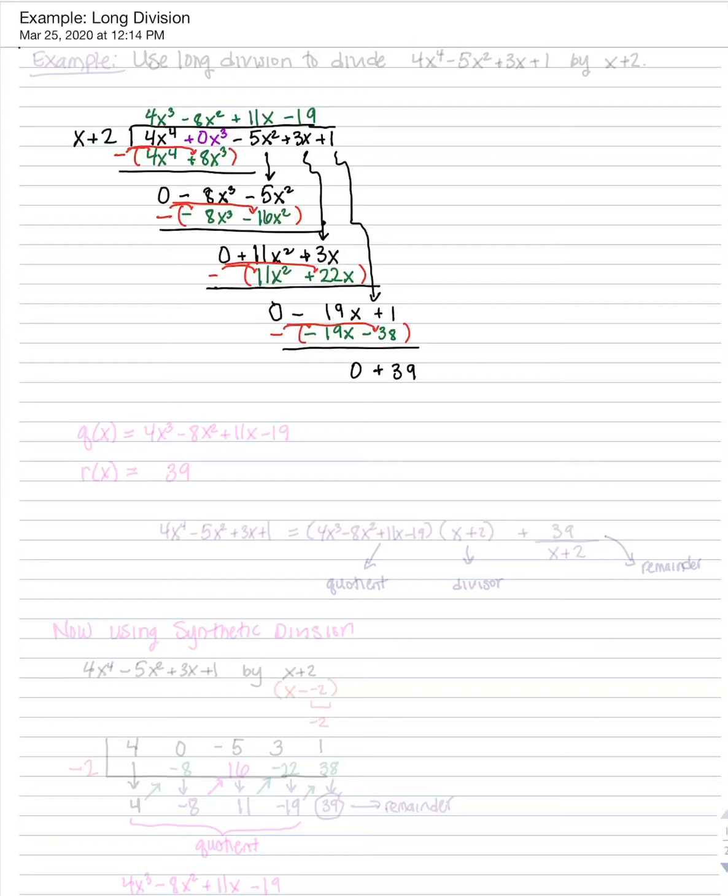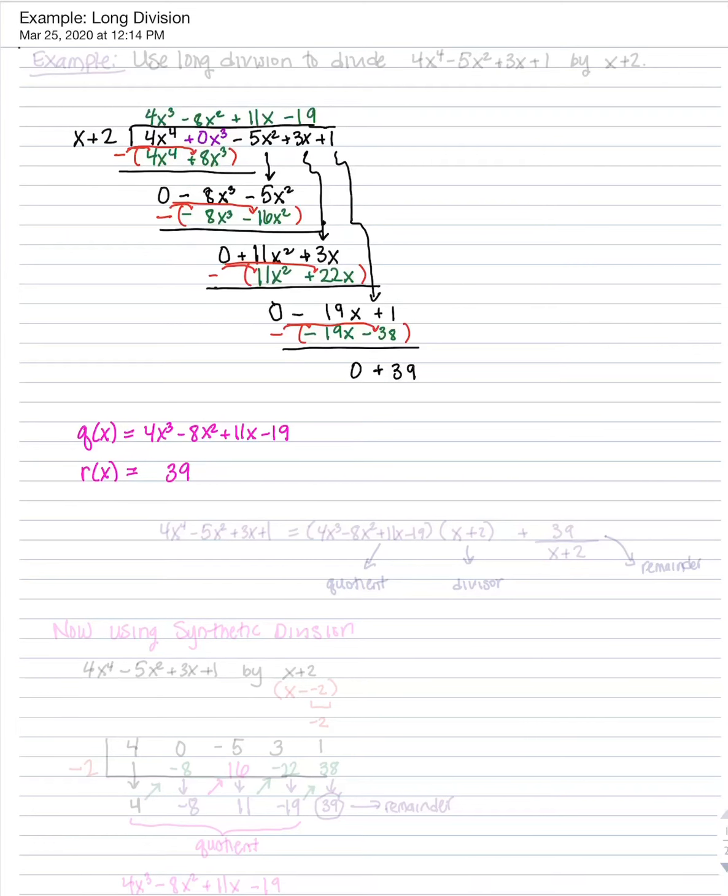So our quotient q of x is the polynomial 4x cubed minus 8x squared plus 11x minus 19. And our remainder, r of x, is just 39. Okay?